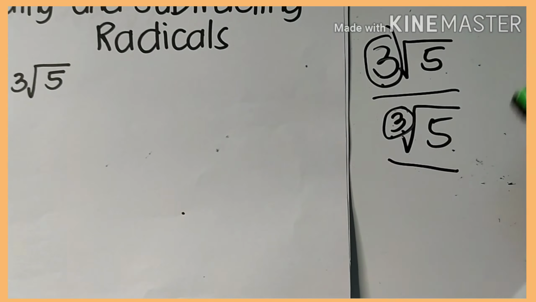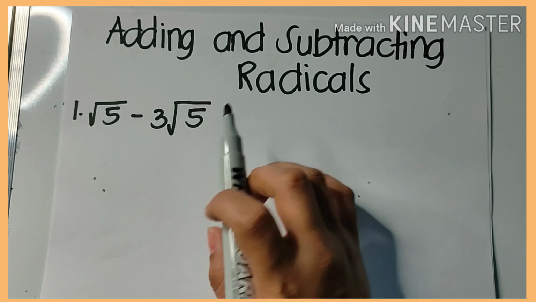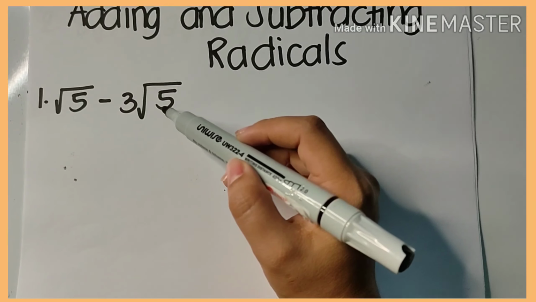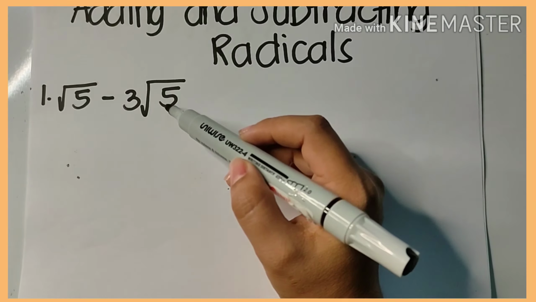So let's go back. We have here the subtraction of radicals: square root of 5 minus 3 square root of 5. Since square root of 5 and square root of 5 are like radicals, it is easy for us to add or subtract this expression.